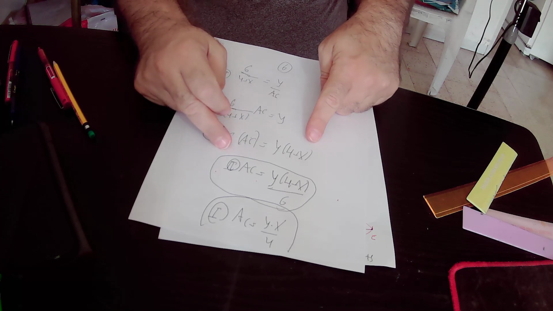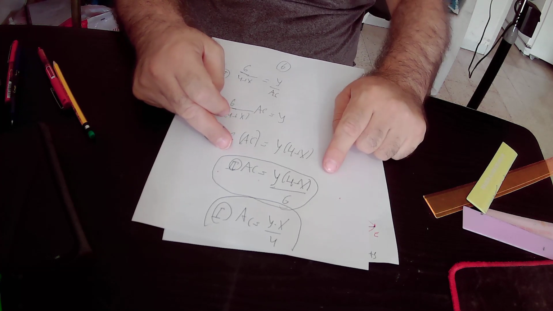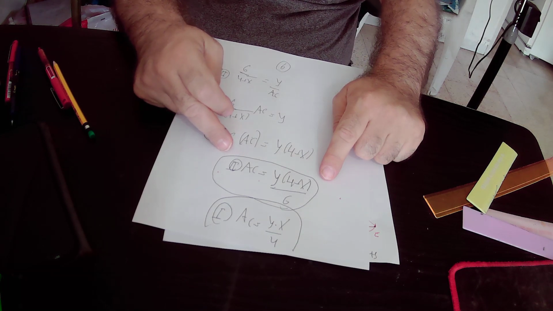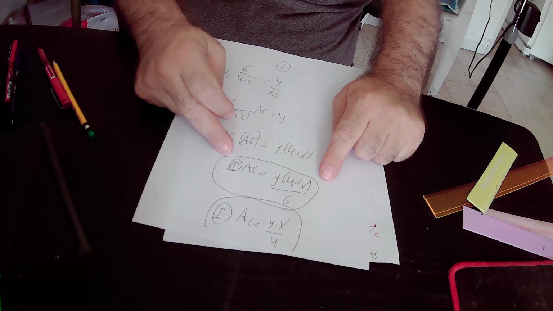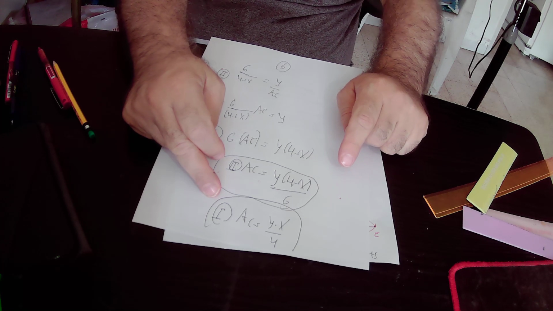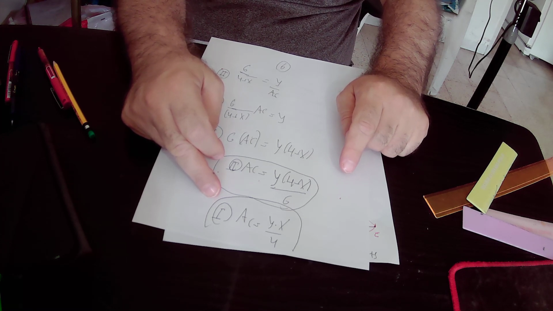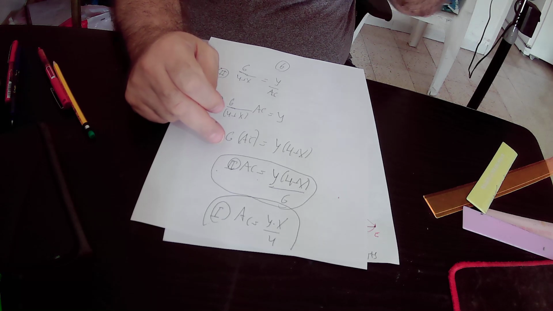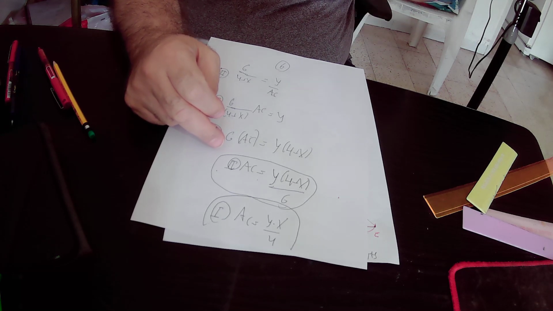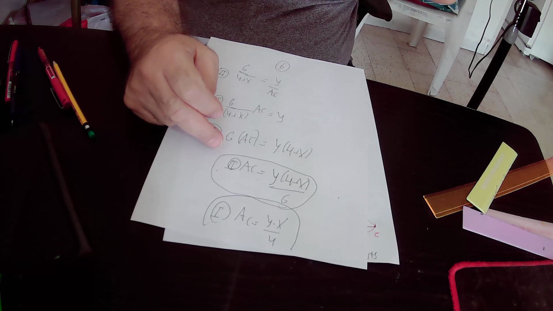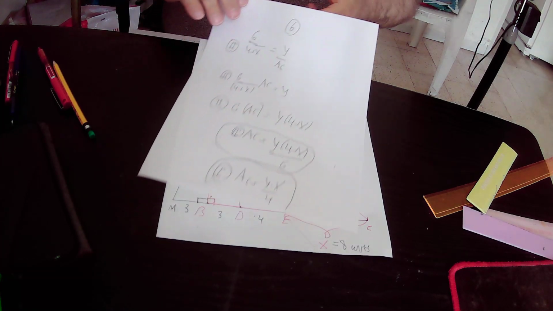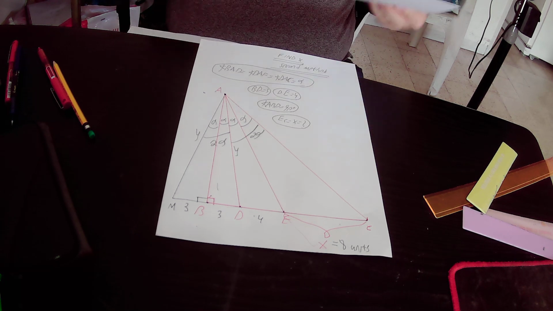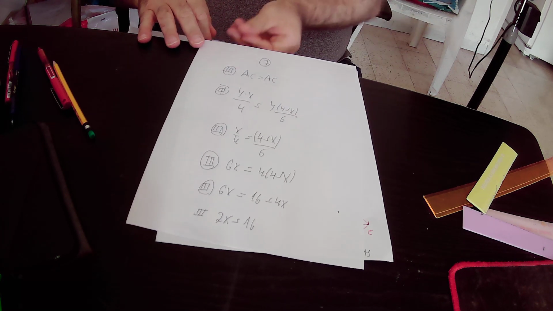AC equals Y times 4 plus X over 6, according to equation number 2, and we found in equation number 1 that AC equals Y times X over 4. So we have two values of AC, and therefore we created equation number 3, which states that AC equals AC.